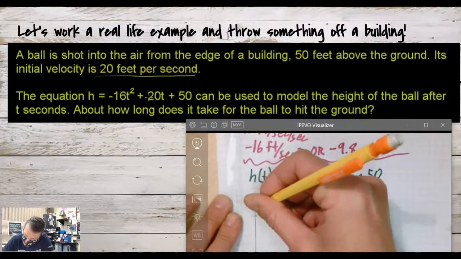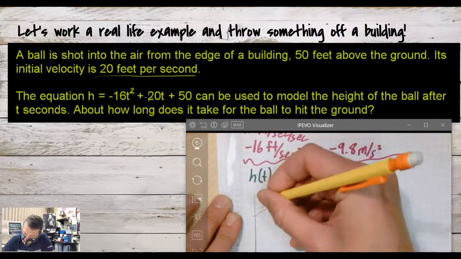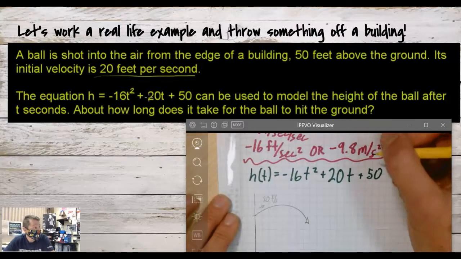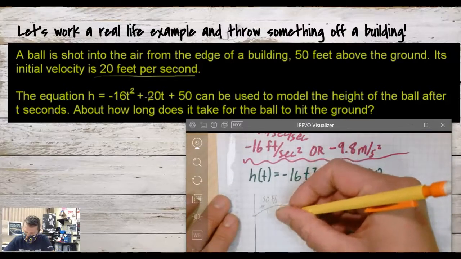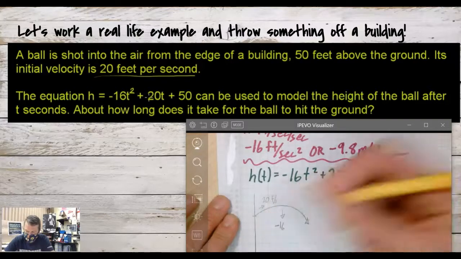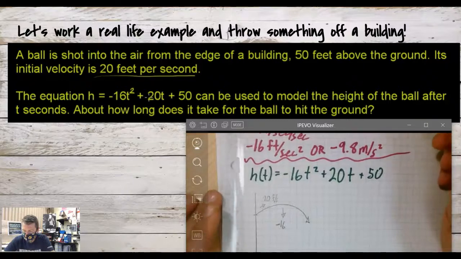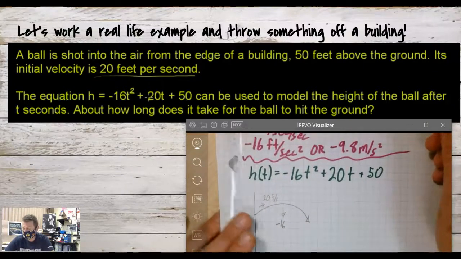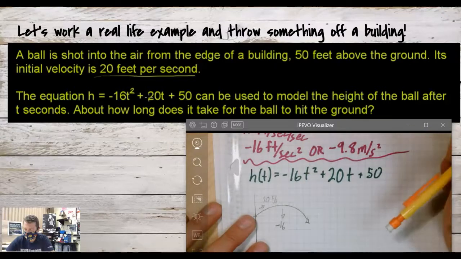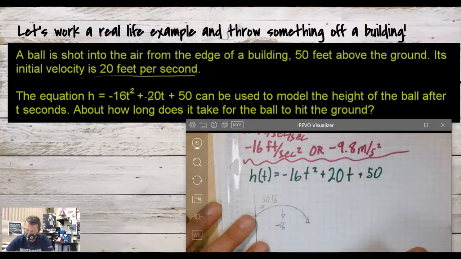We throw the ball at 20 feet per second. Gravity is pulling down at negative 16 feet per second, or whatever rate it's pulling down at, at least in the computation we've been given, we're using negative 16 here. We'll derive the exact value here at some point later. And we want to know, when does the ball hit the ground?